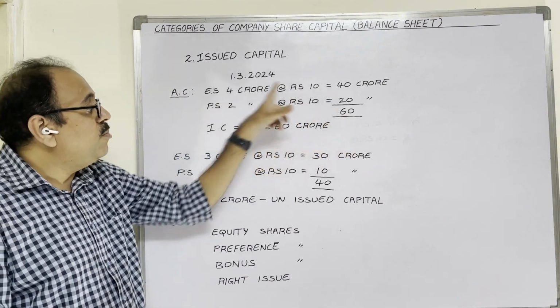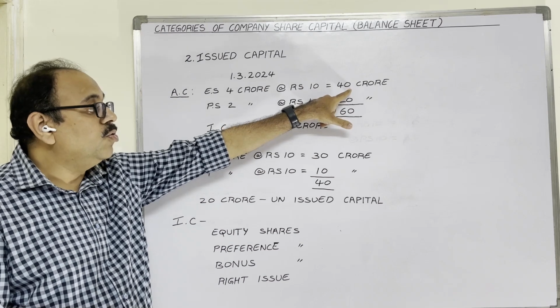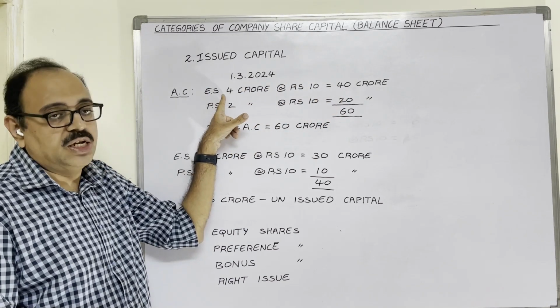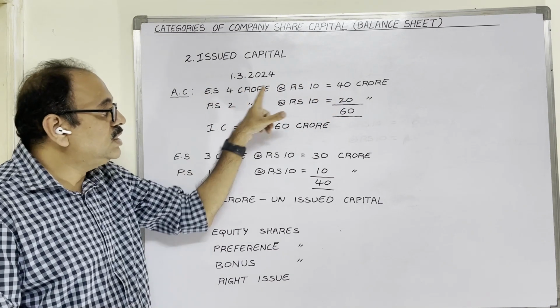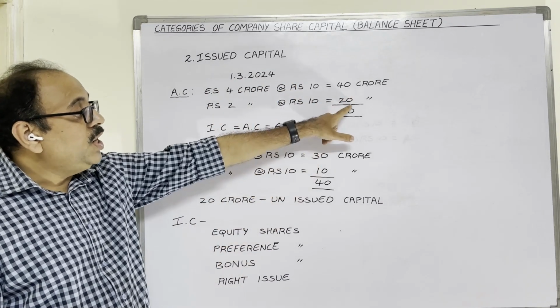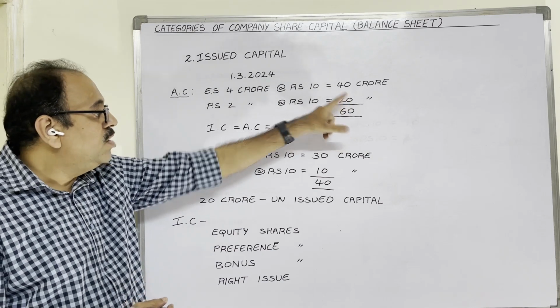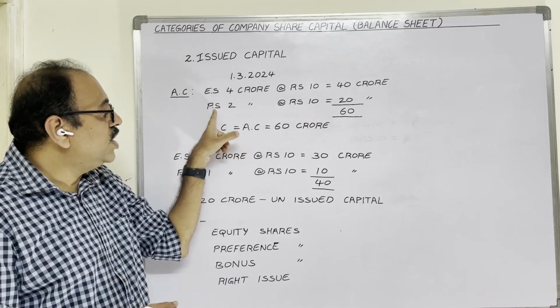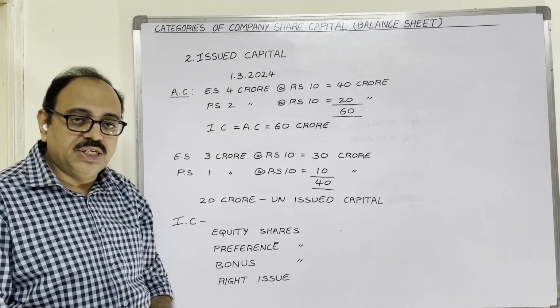In this, the company wants to collect 40 crore rupees by selling 4 crore equity shares at the rate of 10 rupees each. And 20 crore the company wants to collect by selling 2 crore preference shares at the rate of 10 rupees each.